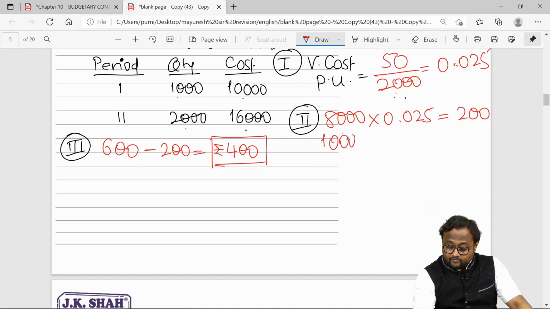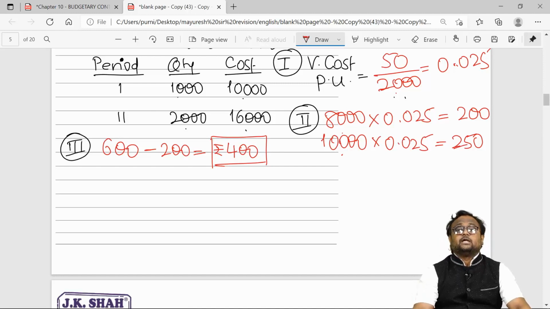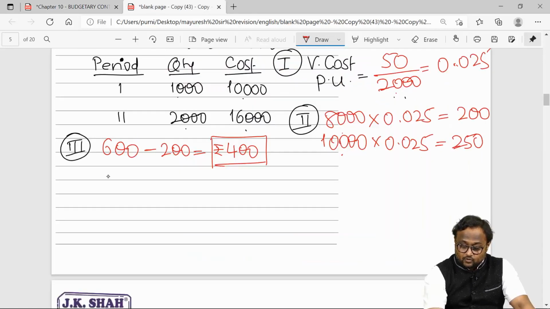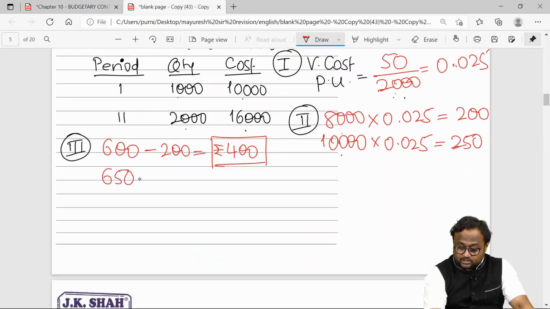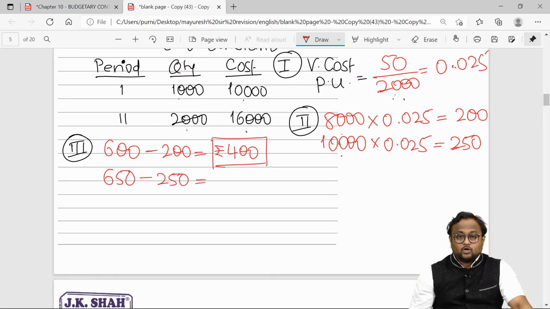Never mind. I would have taken 10,000 into 0.025 and this would have been 250. My variable cost would have been 250 if I had taken 10,000 units into consideration. At this level of 10,000, the total cost was 650, with 250 variable.